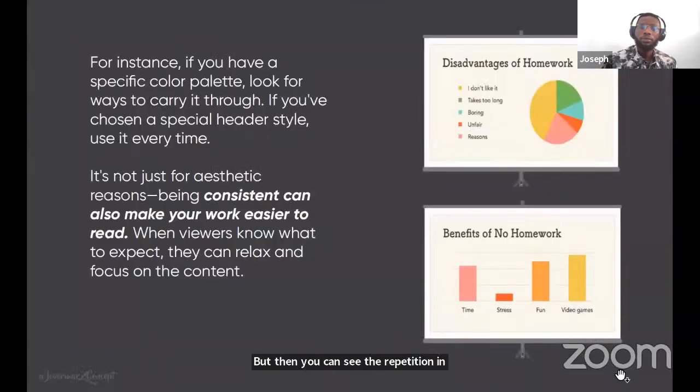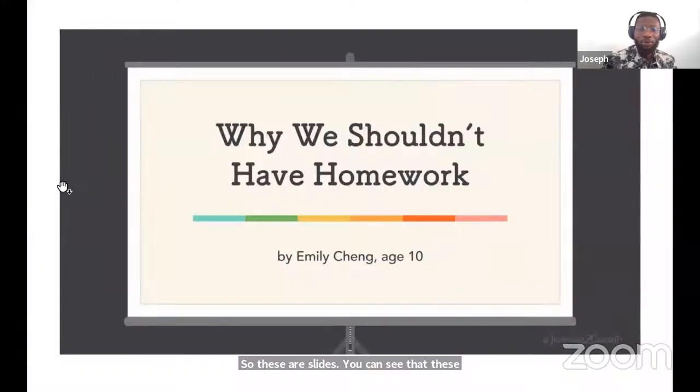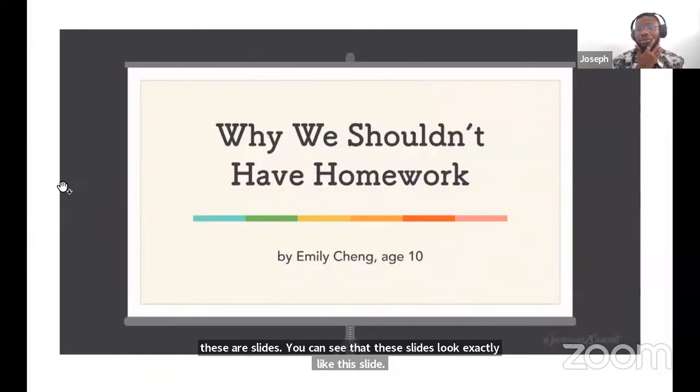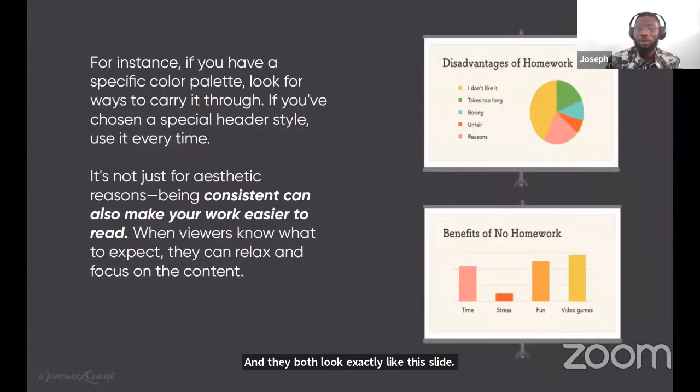Now, can you see disadvantages of homework, benefits of no homework. So these are slides. You can see that these slides look exactly like this slide. And they both look exactly like this slide. That's consistency. That's repetition.